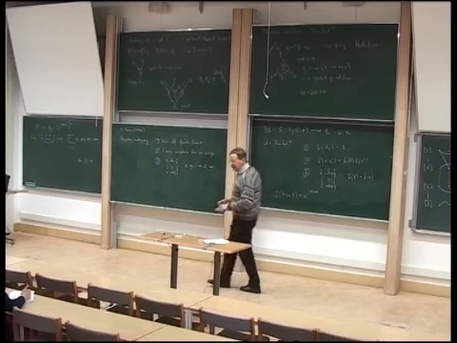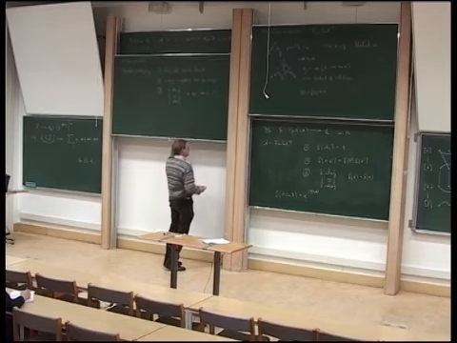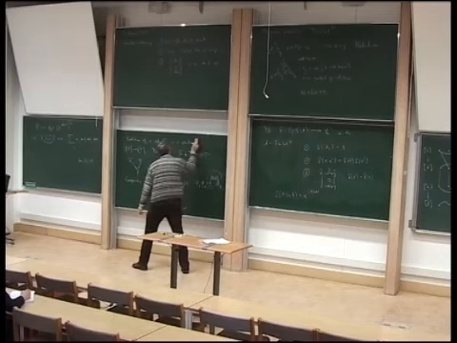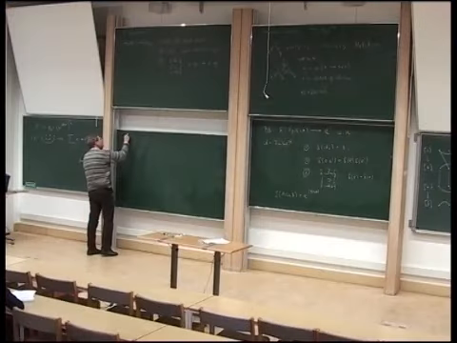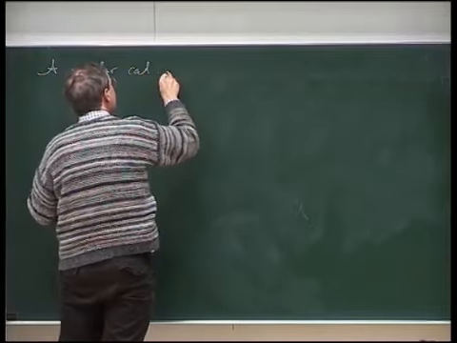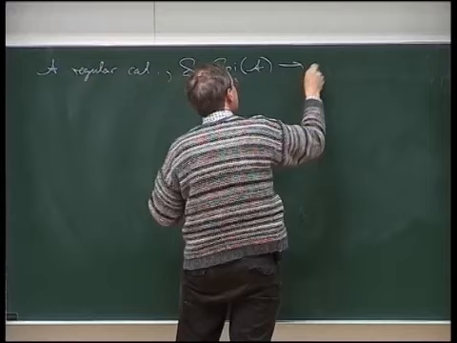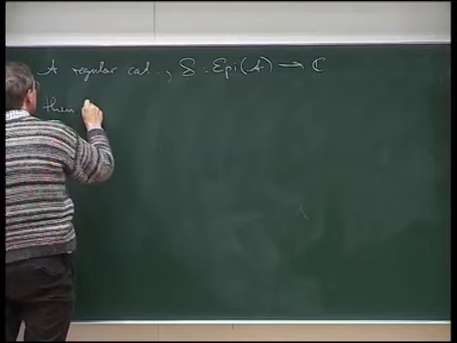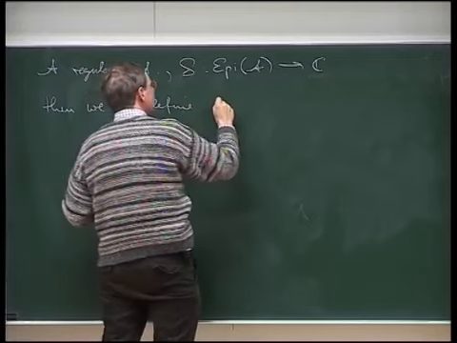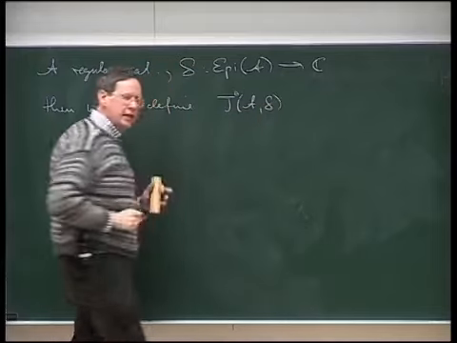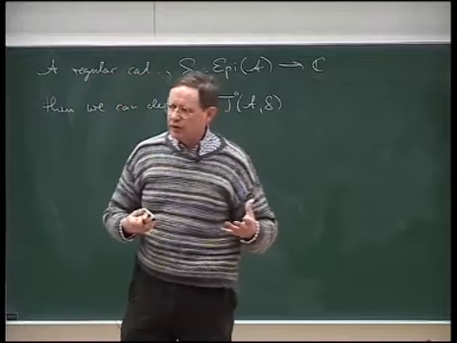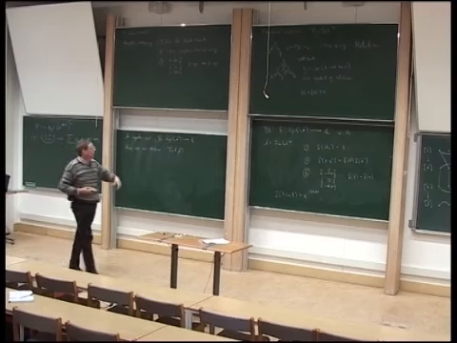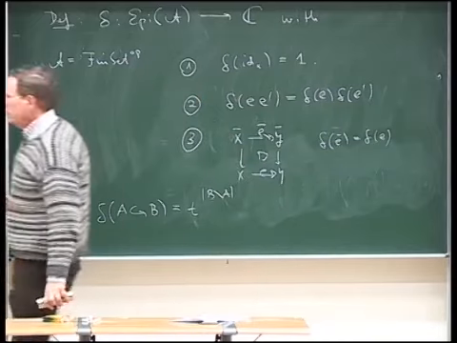Having said this, we can now define: if A is a regular category and delta is the degree function on epimorphisms, then we can first define a category which I call T0A delta, where the objects are exactly the same as the objects of A, but the morphisms are C-linear combinations of relations, and composition is just what I wrote down here, that is, the composition of two C-linear relations.